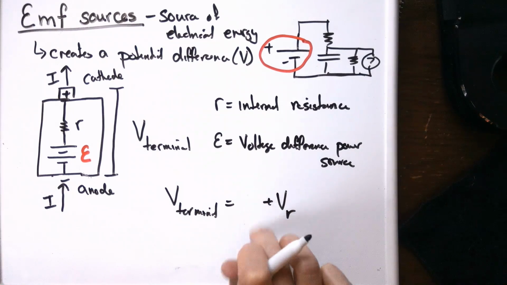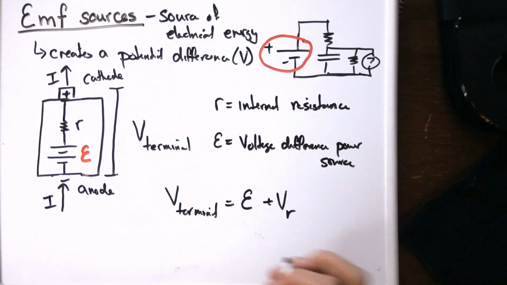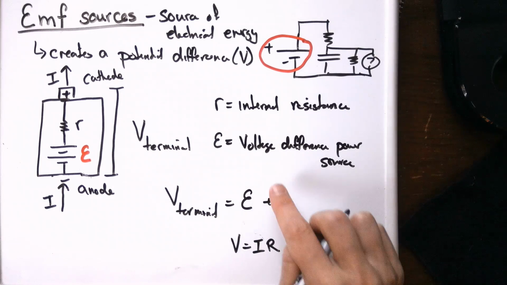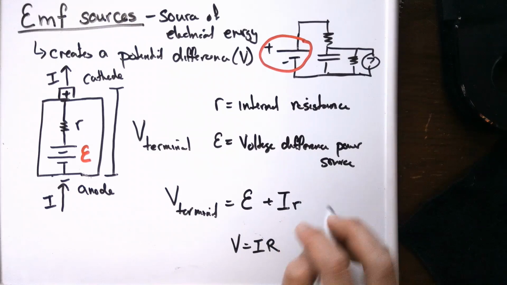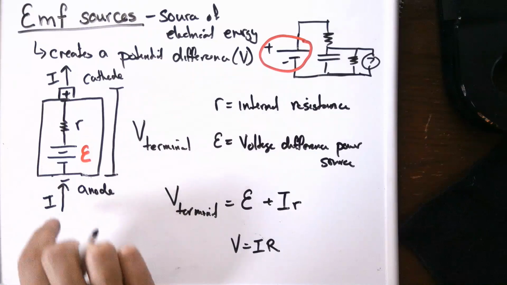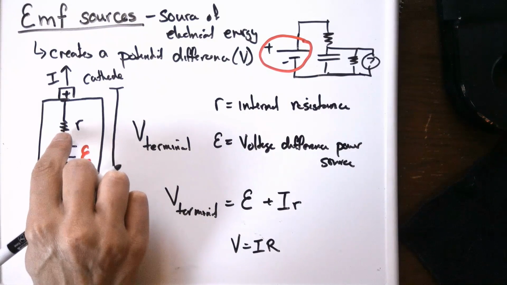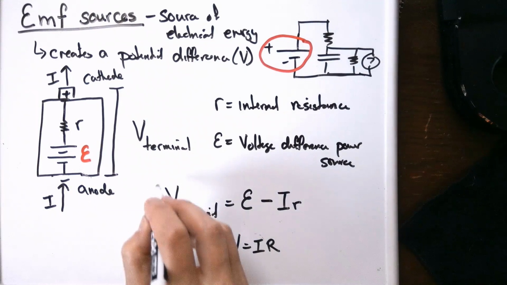And this one is just E. And this one, from Ohm's law, we know that the voltage across a resistor is the current times the resistance. So this one is the current times little r. And of course, we're losing potential as we go here. We gain it as we go over the EMF source, but then we lose it as we go across the resistor. So that's a negative sign.